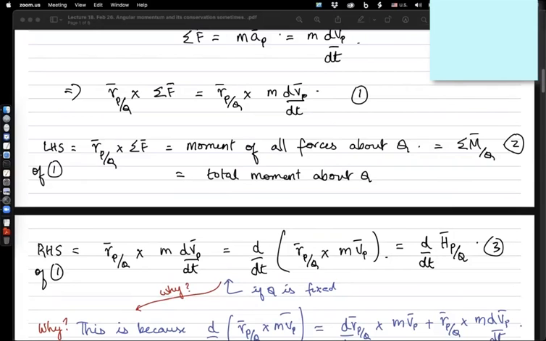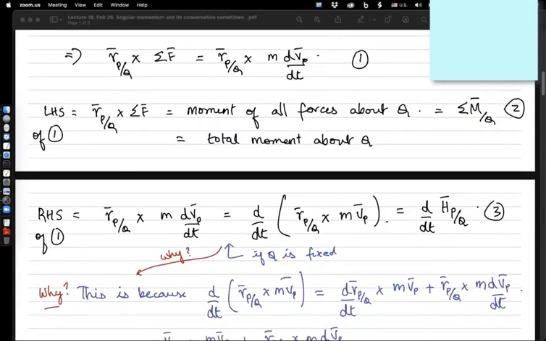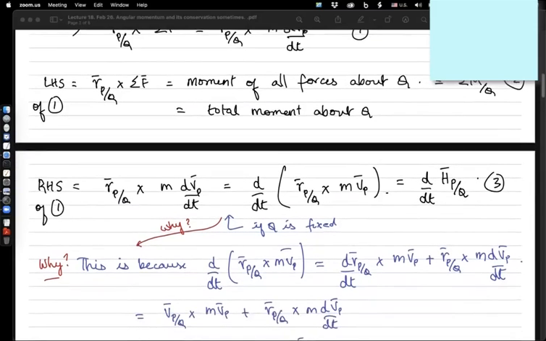It's certainly not obvious. The reason is that you can't just bring this d/dt all the way out because there are quantities which are not necessarily constant. But it works out in this particular case.